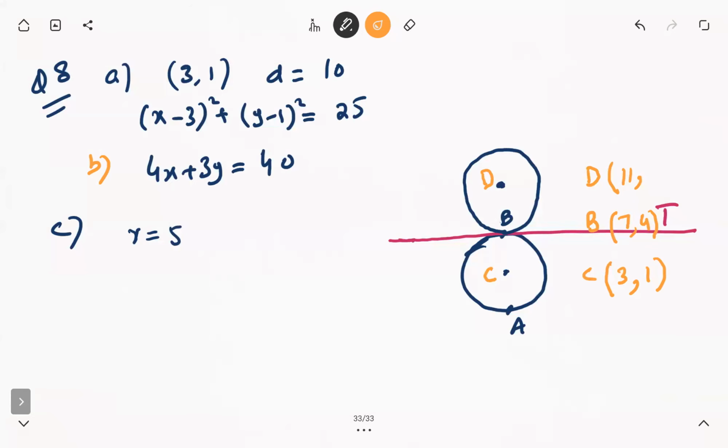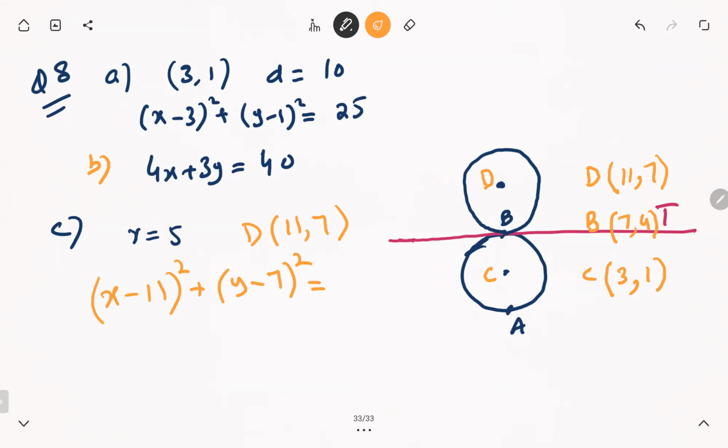So once you have the coordinates of C and B, by comparing or by simply using the midpoint formula, you can find the coordinates of D. So we already have 3 + 4, 7, 7 + 4 is 11, the X coordinate, and the Y coordinate will be 1 plus 3 is 4, 4 plus 3 is 7. y minus 7 whole square is equal to radius square, 5 square, which is 25.